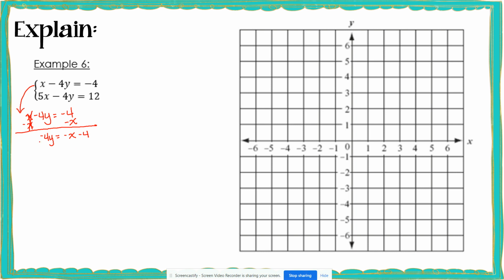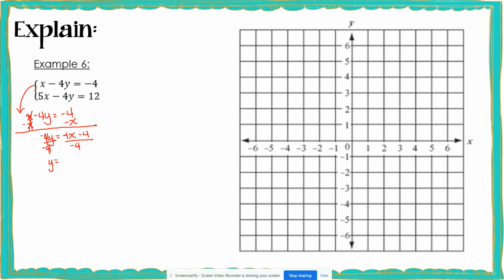Now, y is still not by itself because y needs to be divided by -4. So we will divide by -4 on both sides. Well, that leaves us with y equals, well, you want to be careful here. Remember, I know I see a negative in front of the x, but that's actually a -1x. So -1x minus 4.